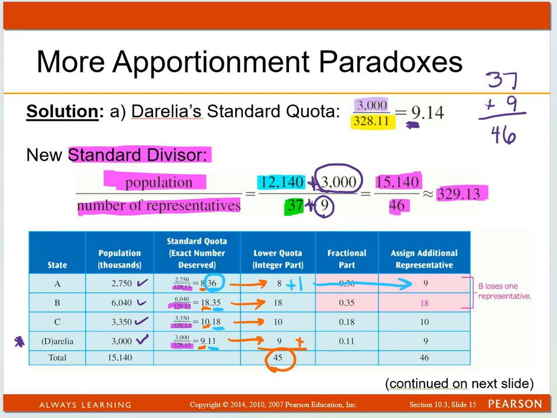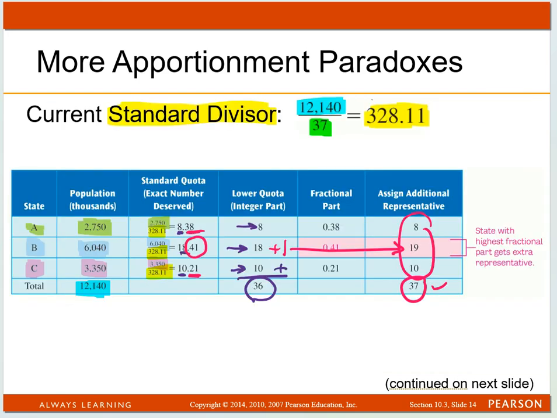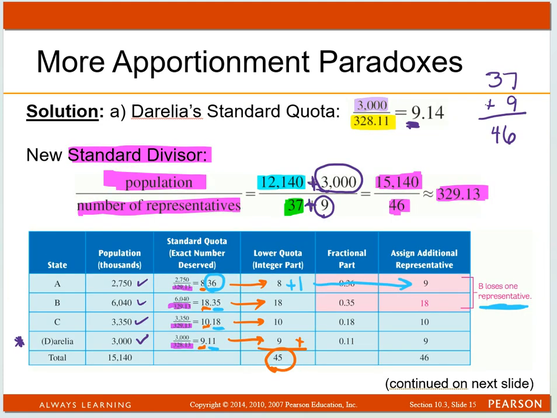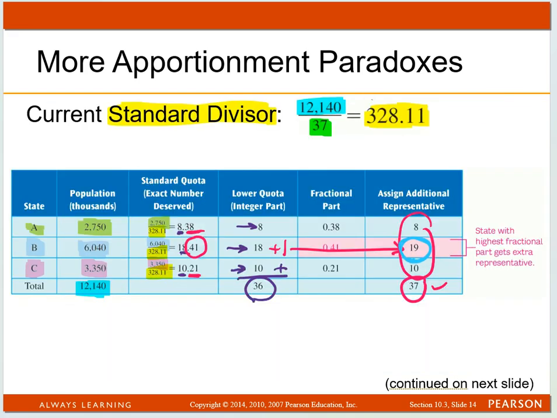Okay, and so what they're trying to show you in the pink here is that state B actually loses one of its representatives. Let me go back to the previous slide. And you can see right here, they did have 19. But now they only have 18. And back here, there was 8 right here.